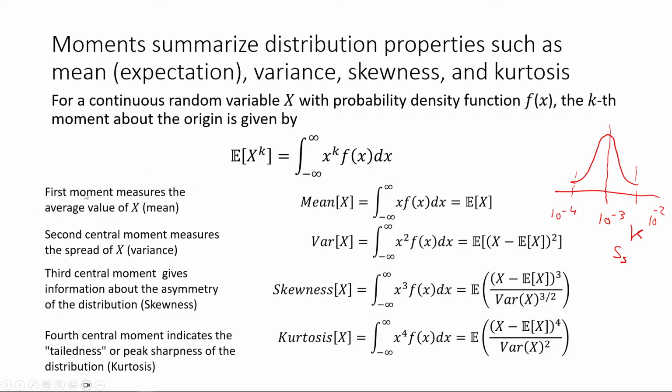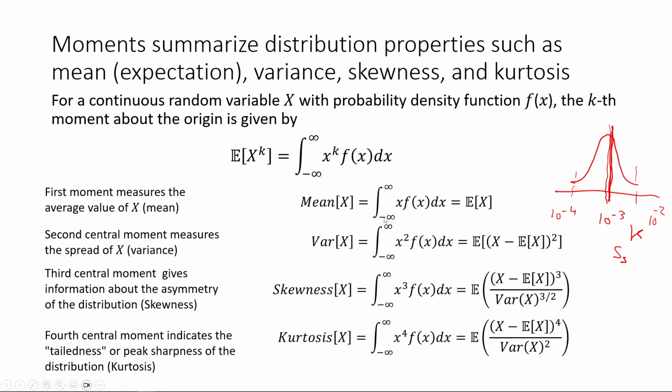This is called the moments of your distribution. The first moment measures the average value of my distribution x, the mean value. Remember, I told you that you can use integration to find the area under the curve or the mean value.